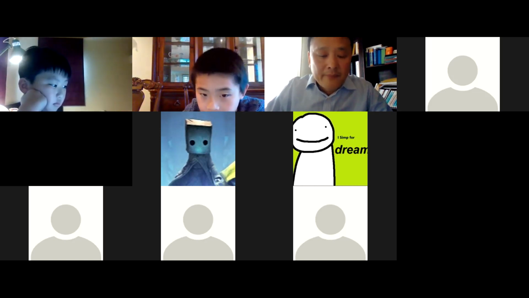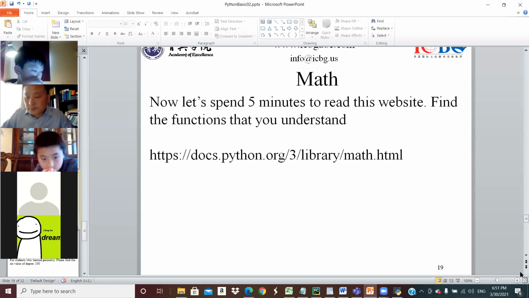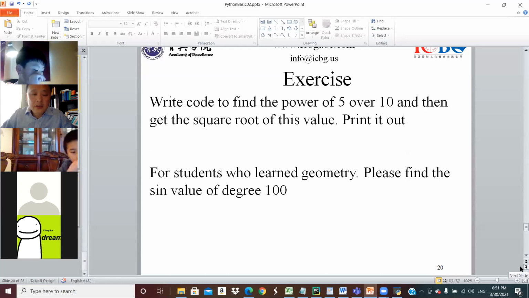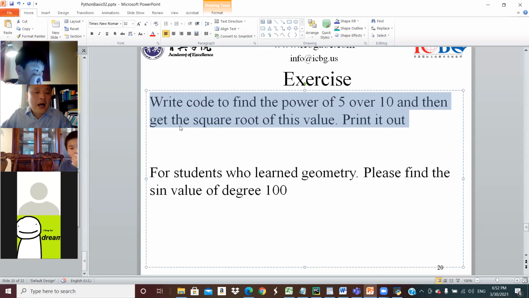Okay. All right. So let me share my screen again. So I wanted you to do this exercise. Write code to find the power of 5 over 10, and then get the square root of this value printed out. If you have not learned this in math, you are excused.